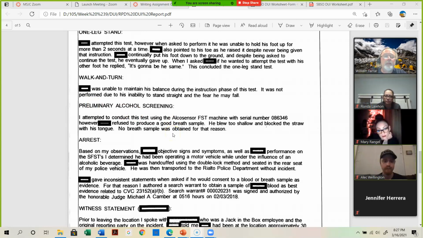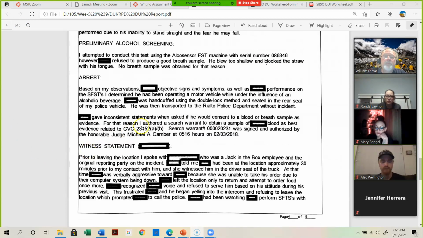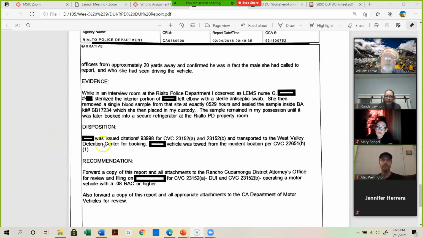But this guy basically wouldn't blow into the PAS device, so he couldn't get a read on it. So based on everything he saw, he arrested this guy. And then he basically gave the guy a blood test, or had a blood sample taken. Here's the evidence. Here's the disposition. Person was arrested and taken to West Valley.